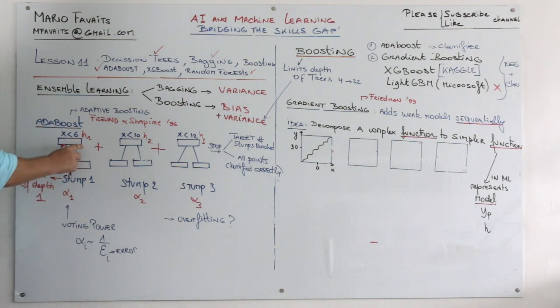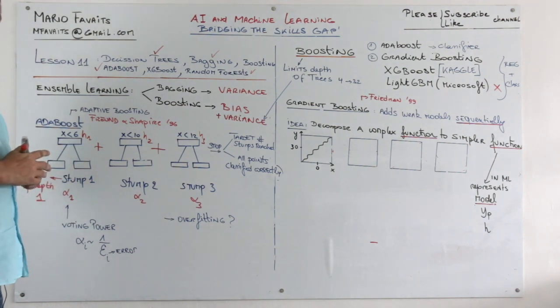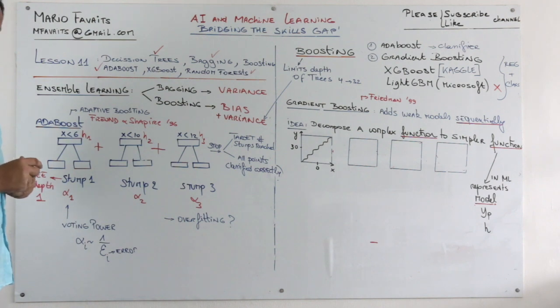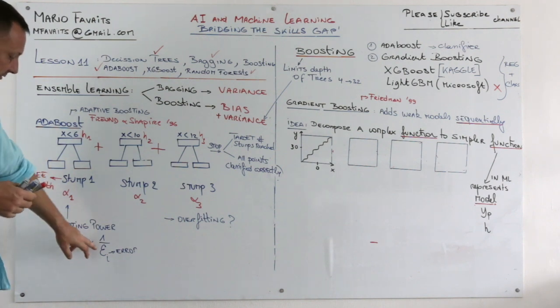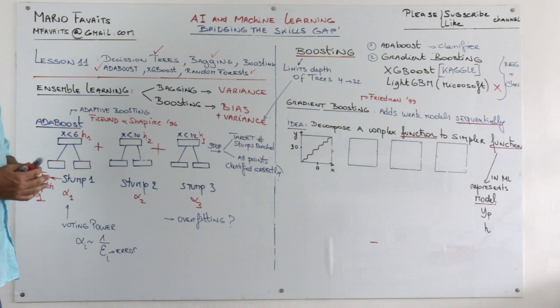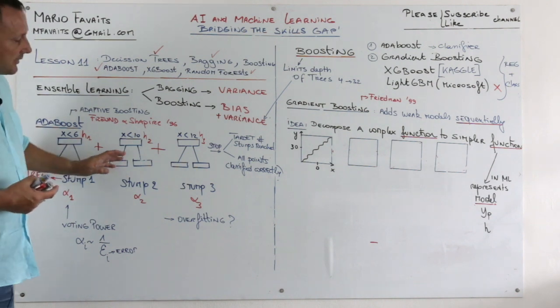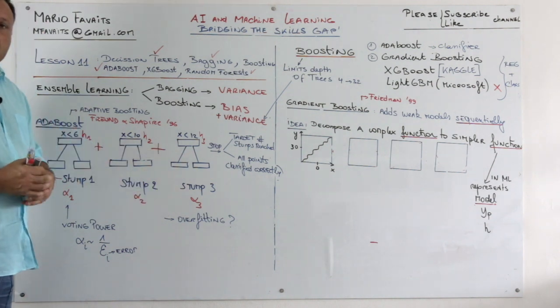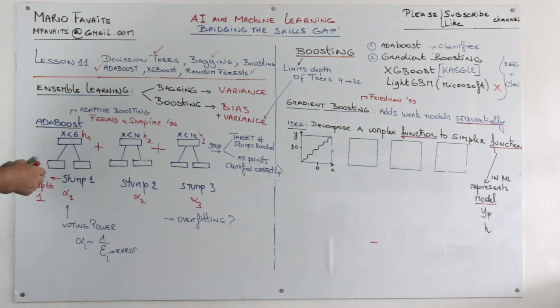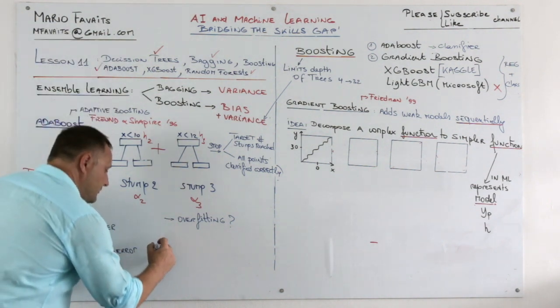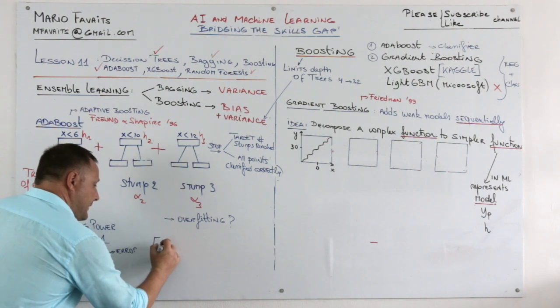I'm going to multiply these classifiers with an alpha that represents the voting power. Alpha is inversely proportional to the error of a classifier. So if the classifier H1 has high error, it will get a low alpha. The stronger your classifiers go, the higher the alpha becomes. And basically, in the end, you just add these up.